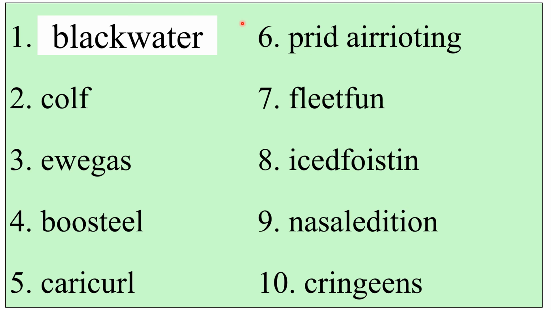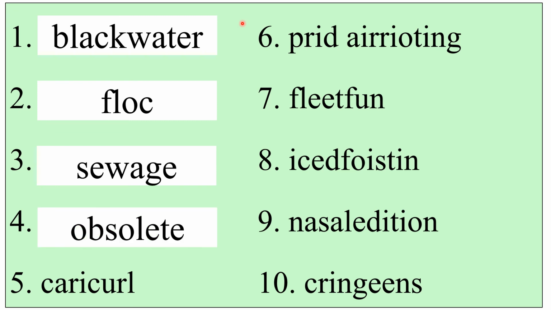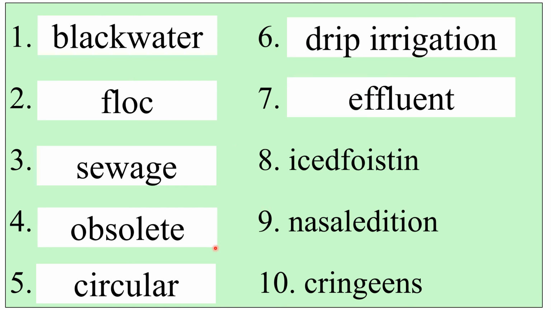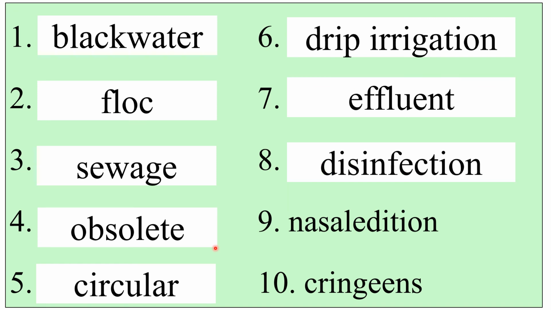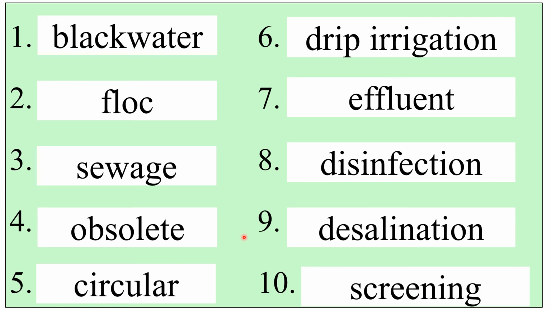So the first one is black water, 2 is flock, 3 is sewage, boo steel is obsolete, carry curl is circular, prid eroding is drip irrigation, fleet fun is effluent, iced foisting is disinfection, nasal addition is desalination, and cringines is screening. So if you haven't already got a sentence related to each one, do that just now.